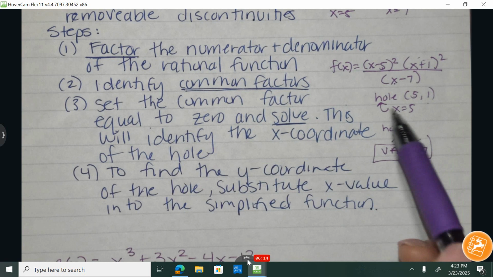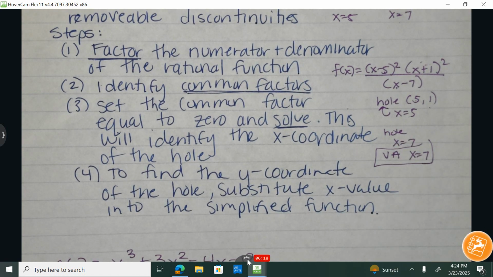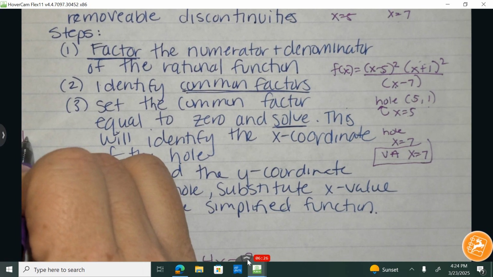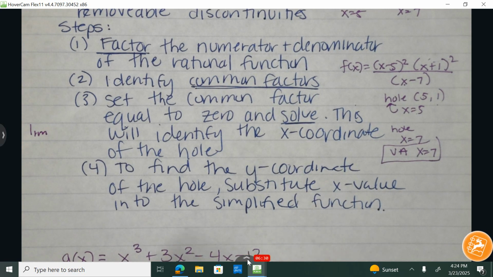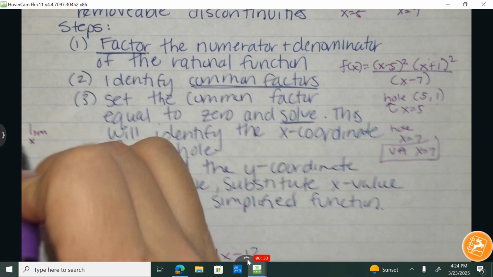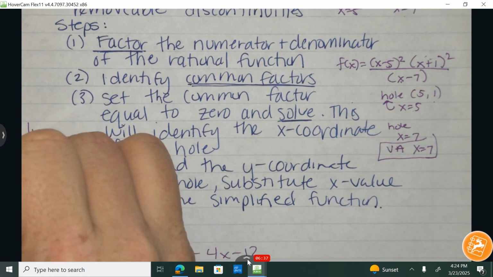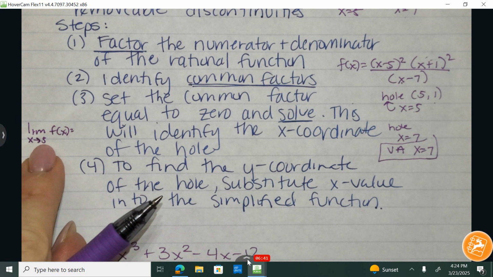Jumping back up, now that we have shown that we have a hole in the graph at 5, how can we express this in limit notation? Here's how we could express this. If I come off the side here where I have a little bit of space, we could say this limit, and we're talking about the function f of x, as x approaches 5.